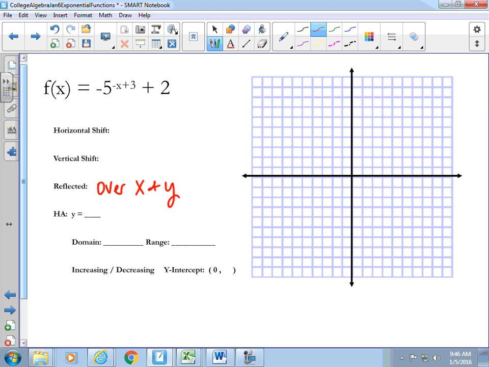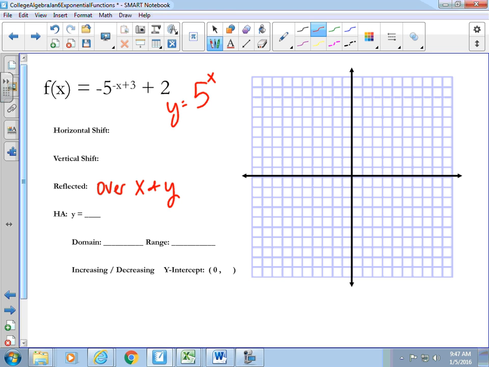It's the base function, so it would be 5 to the x. Now, if you did -5 to the negative x, that would already have the reflections in it. Otherwise, it'd be more complicated to graph the first. Okay. So that's my base function.